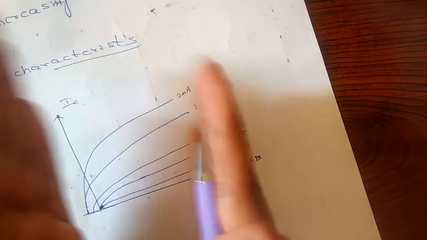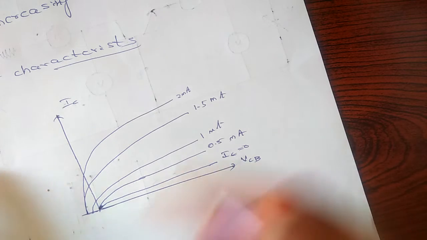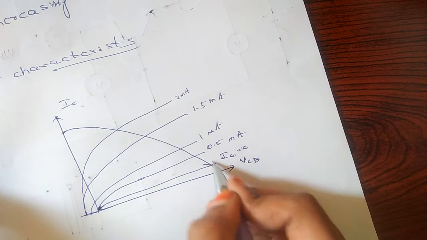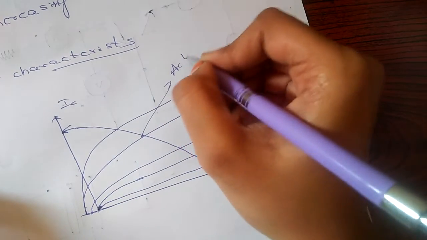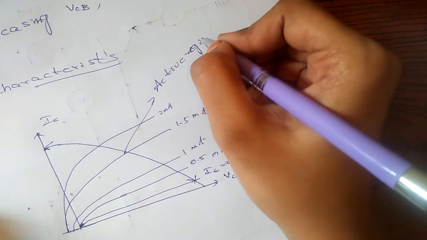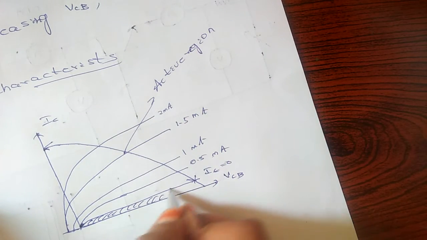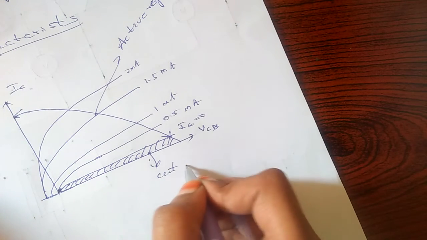In these output characteristics, we can notice three regions: active region, saturation region, and cutoff region. The whole part up to here represents the active region, and the region below IE equal to 0 is the cutoff region.